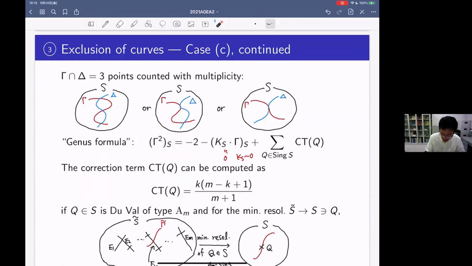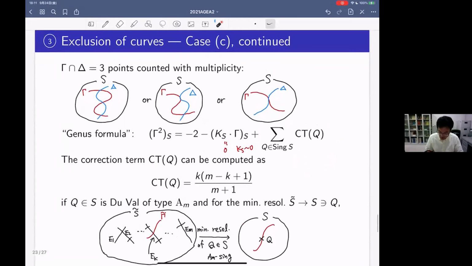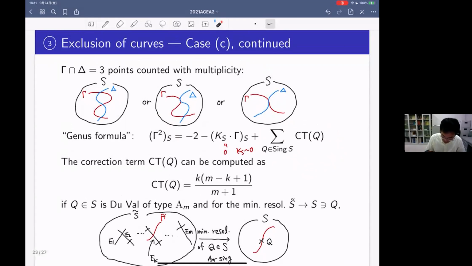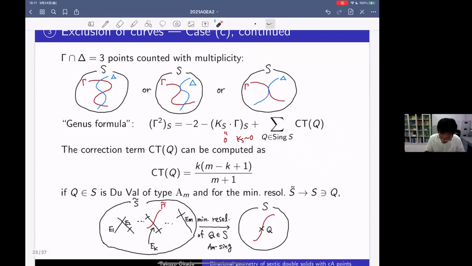And we need some correction term attached to each singular point of S, namely these intersection points here, and we denote the correction term by CTQ. In some cases, the correction term CTQ can be computed this way.